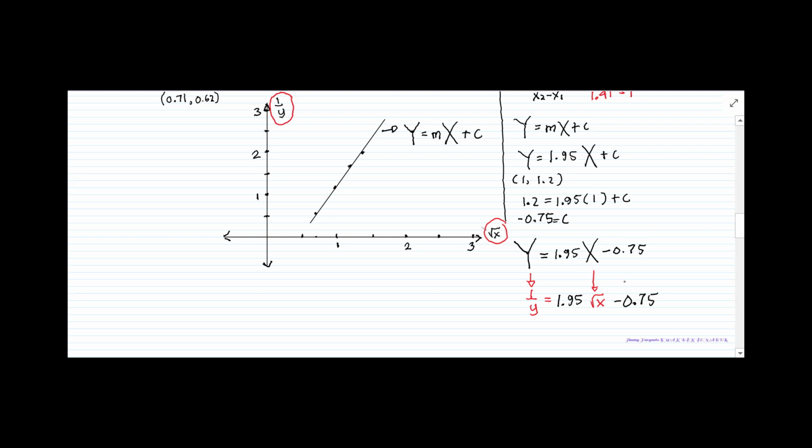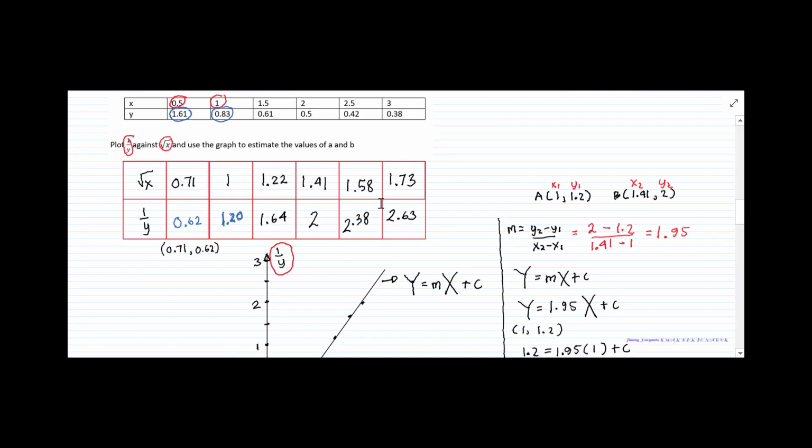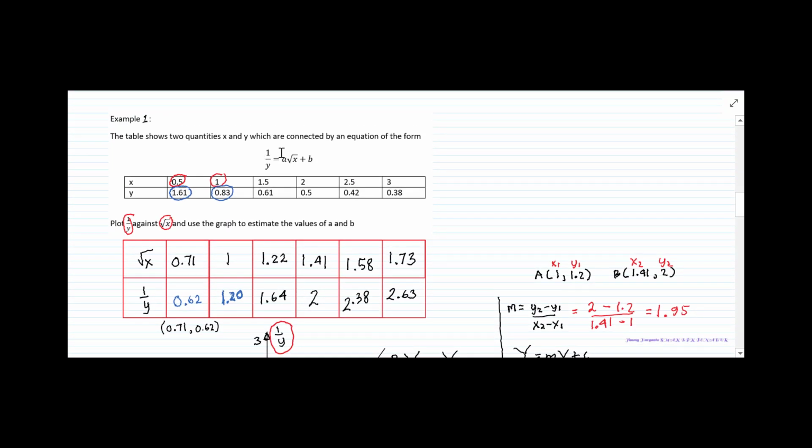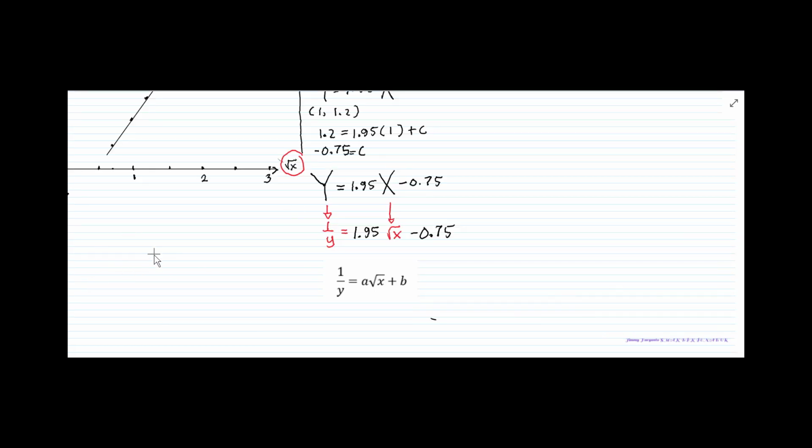Look at the form that the question gives. The form is 1 over y equals a root x plus b. I will copy this for you. The question says 1 over y equals a root x plus b.